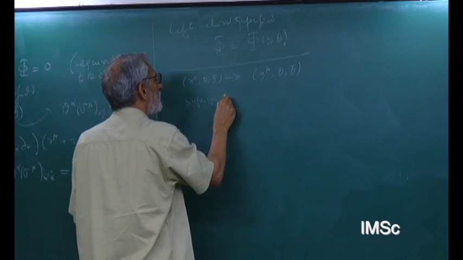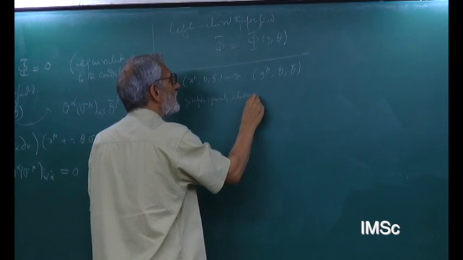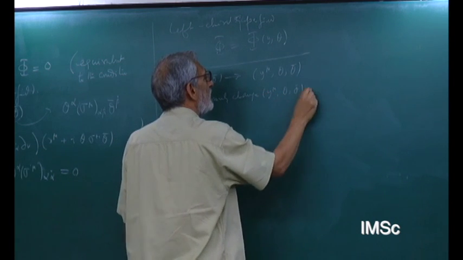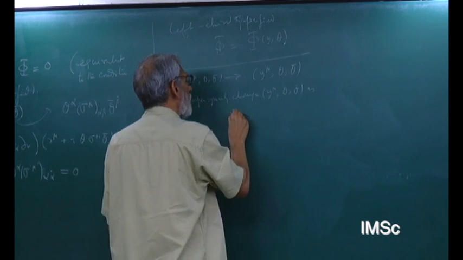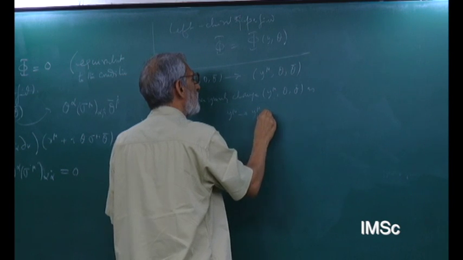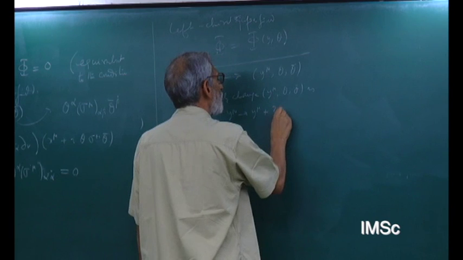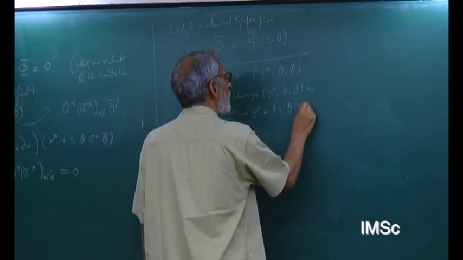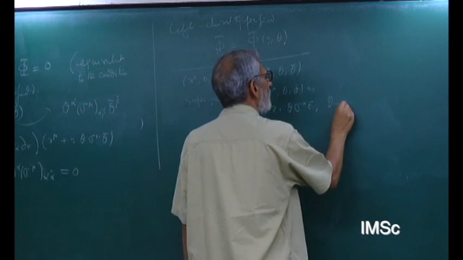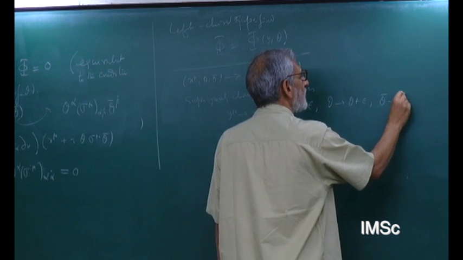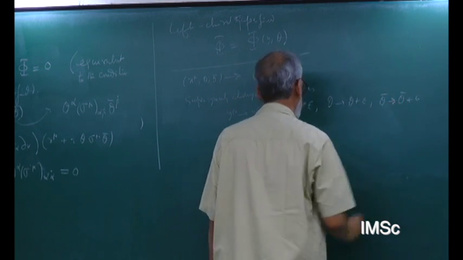Supersymmetry changes y mu, theta, theta bar as follows: y mu goes to y mu plus twice i theta sigma mu epsilon bar, theta goes to theta plus epsilon, and theta bar goes to theta bar plus epsilon bar.